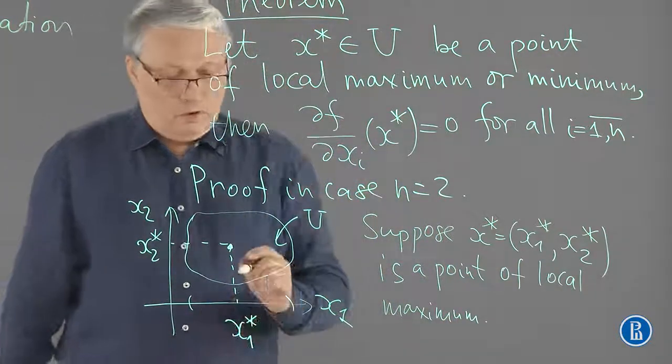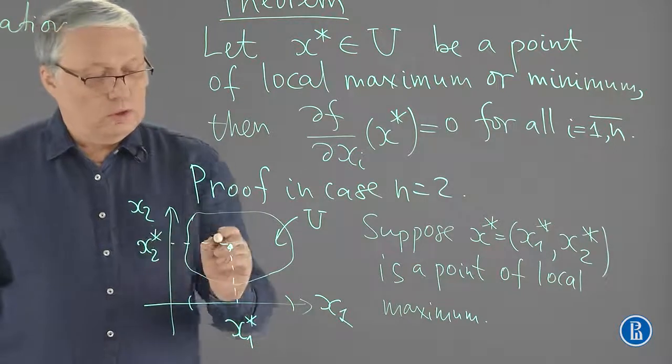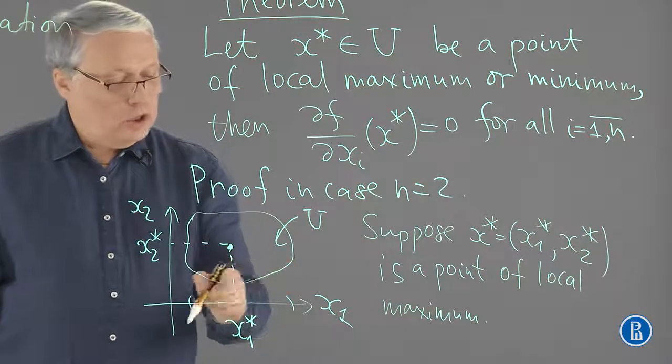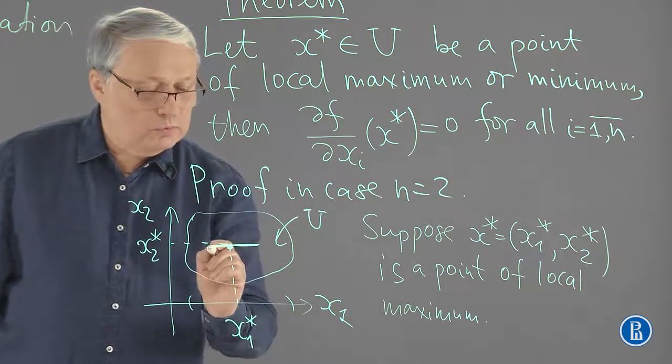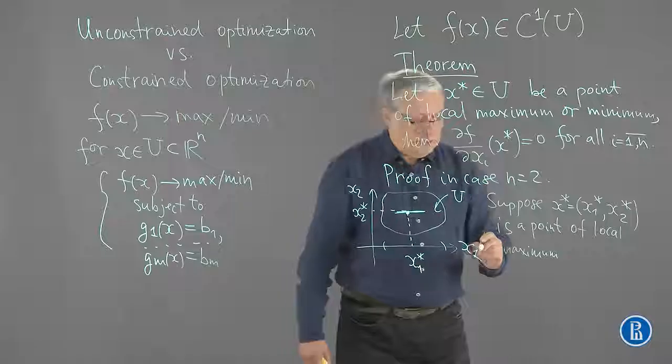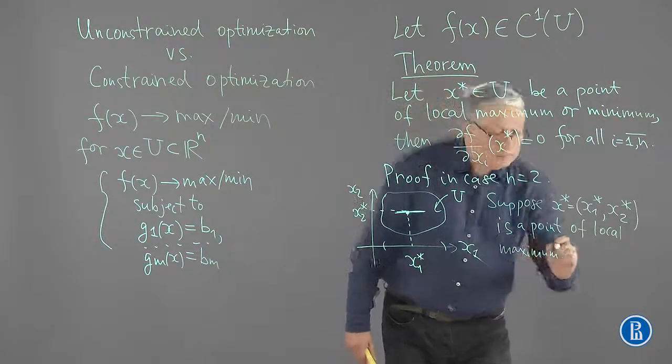Then, if we fix x2 at the value of x2 star, and we'll be changing x1 within some neighborhood at this point, then we have a function of a single variable only.